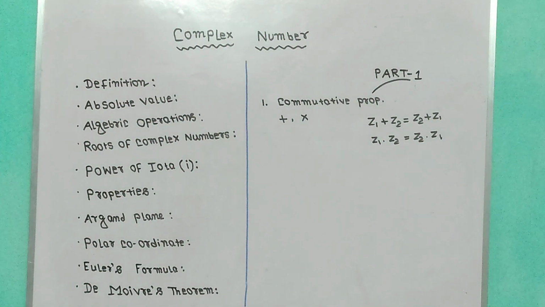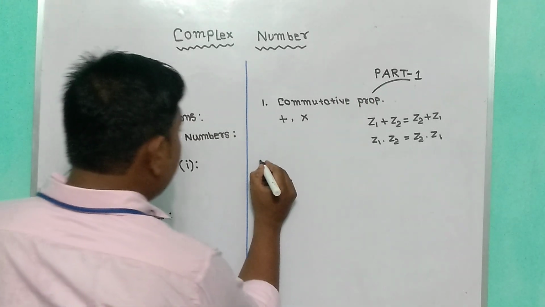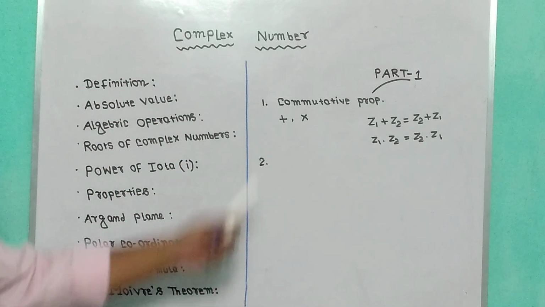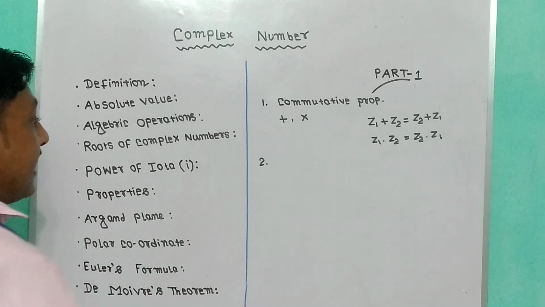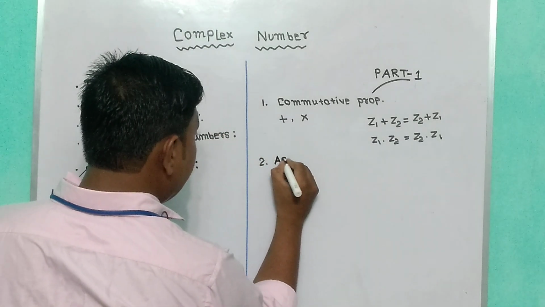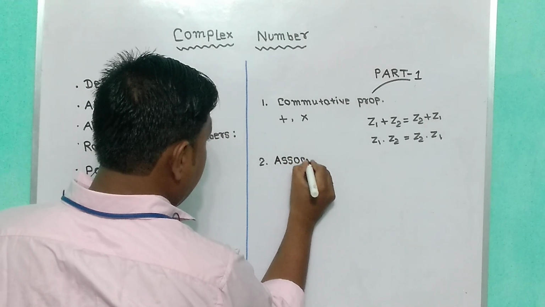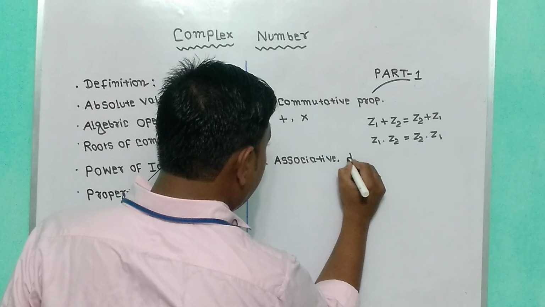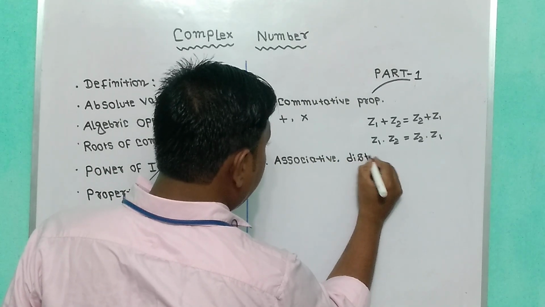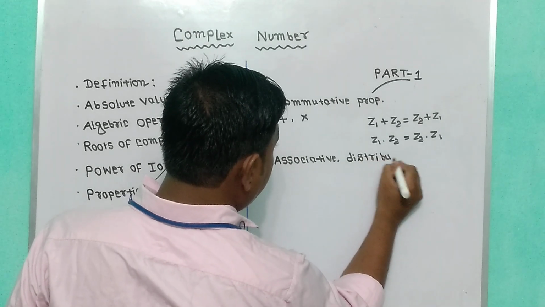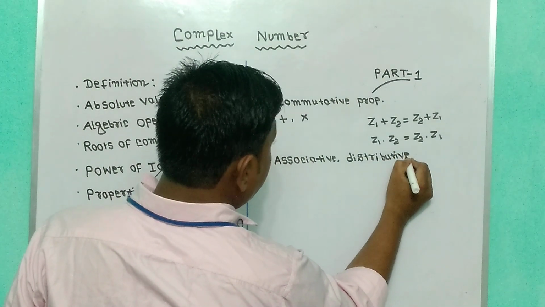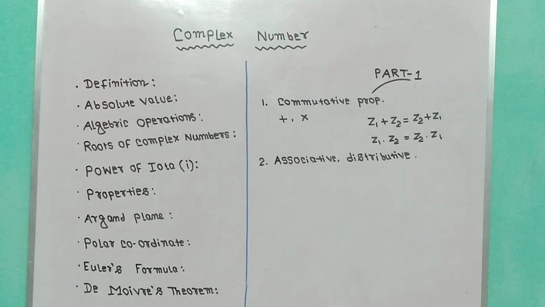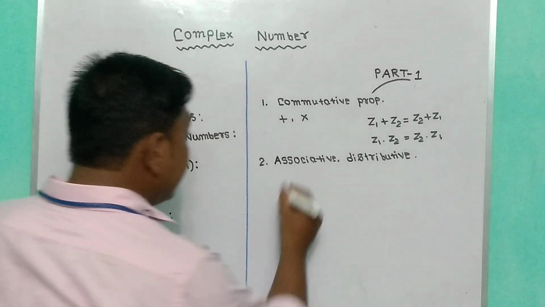So here the commutative property holds only for addition and multiplication, and the same thing here also holds for addition and multiplication. Here also hold associative and distributive law or property. What is associative or distributive law? Now suppose there are three numbers.